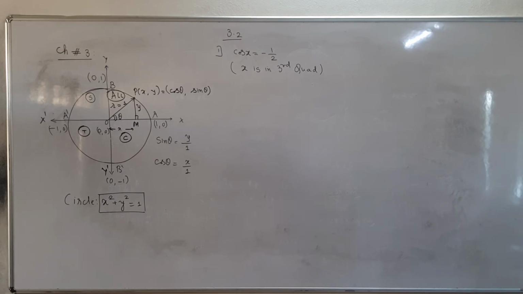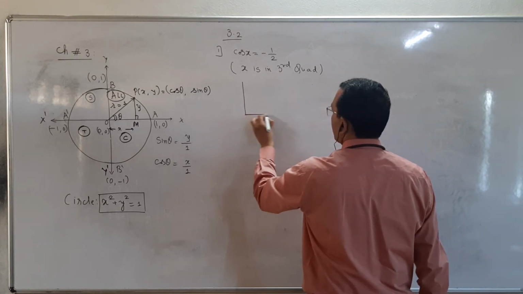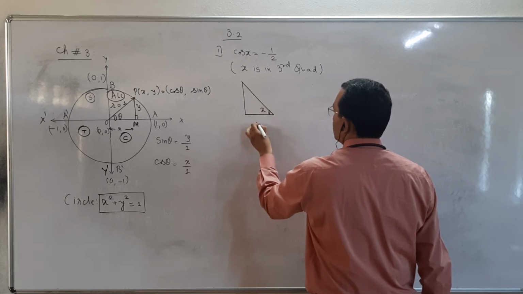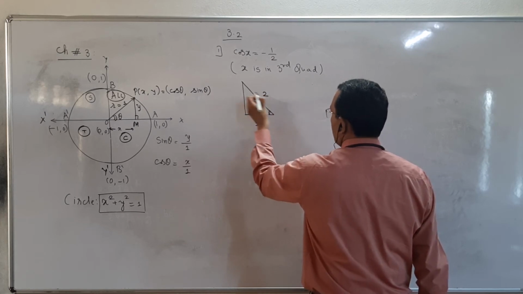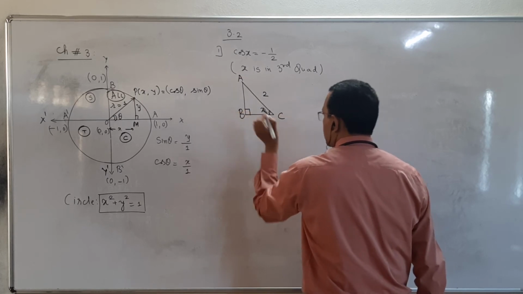In this type of sum, these are algorithmic sums. Students, these are algorithmic sums. First of all, draw a right angle triangle. And this is x. Cos is adjacent upon hypotenuse. Let us name the vertices as ABC.